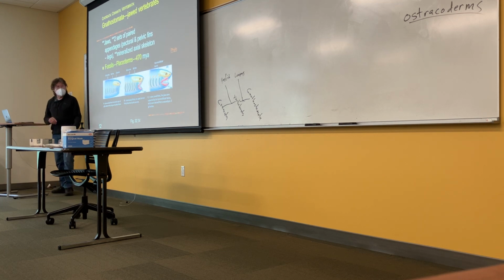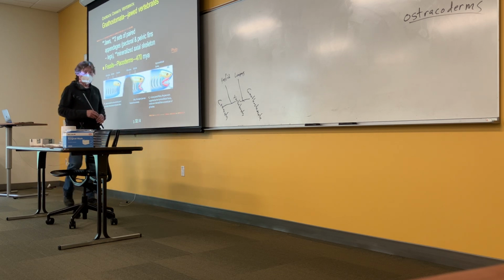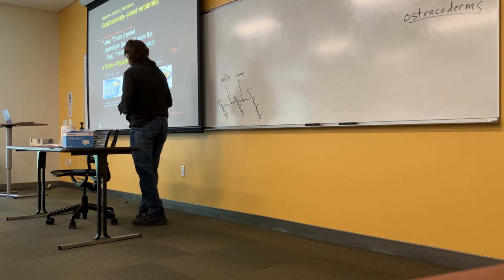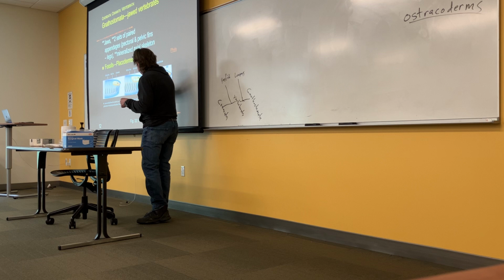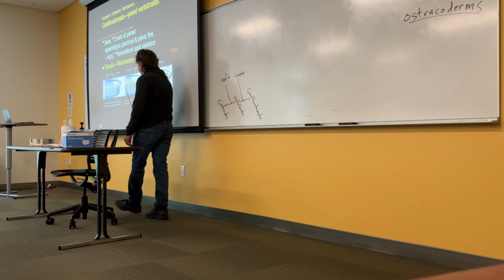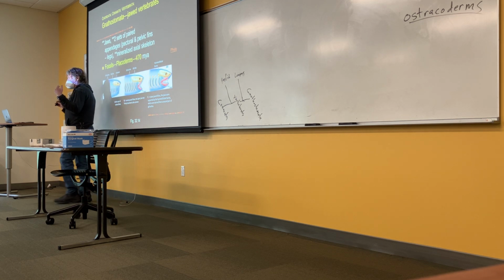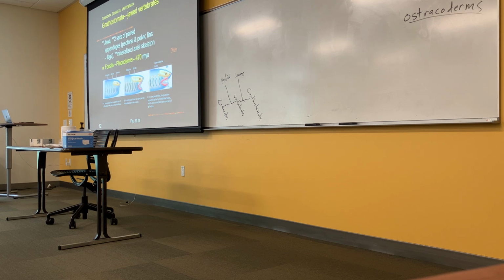Now, where the jaws came from: we have good evidence, embryological as well as fossil evidence, that suggests that the jaws came from gill supports. Remember, one apomorphy of hemichordata plus chordata is having pharyngeal slits. And those pharyngeal slits still have to have some sort of skeletal support.